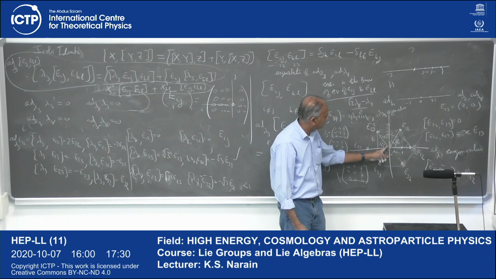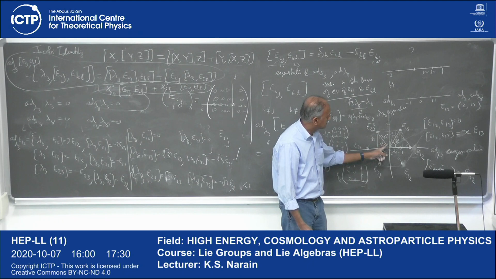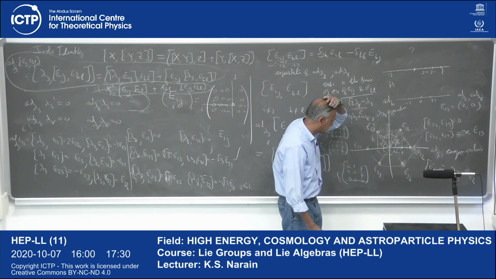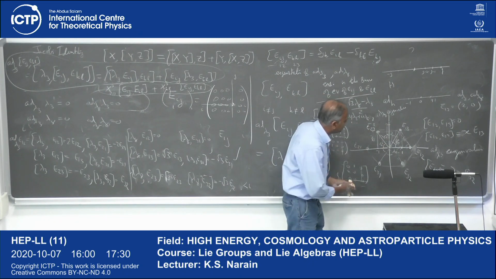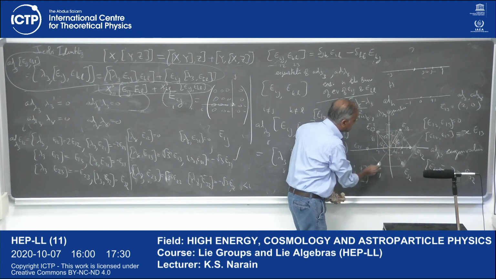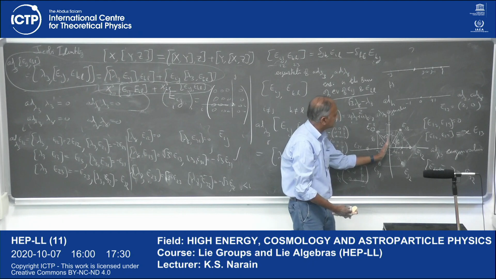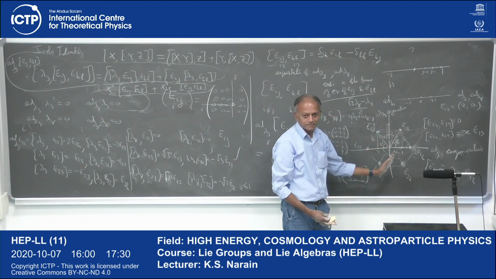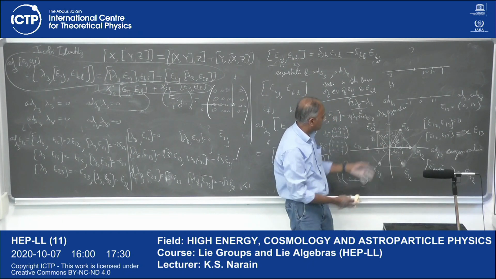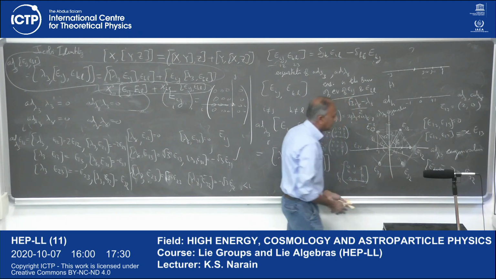which is not, don't choose this line, because this line already has the roots. So choose some line which is not passing through the roots. For example, this line, or this line, any line.